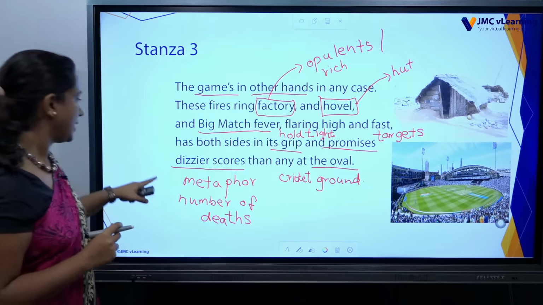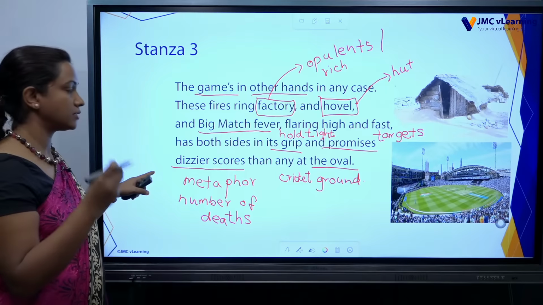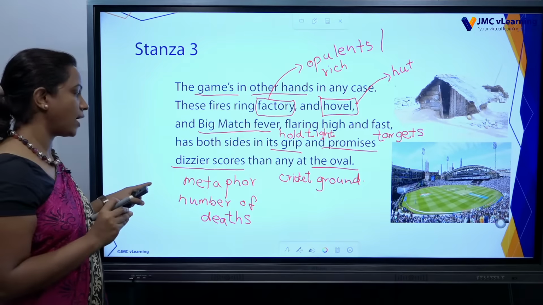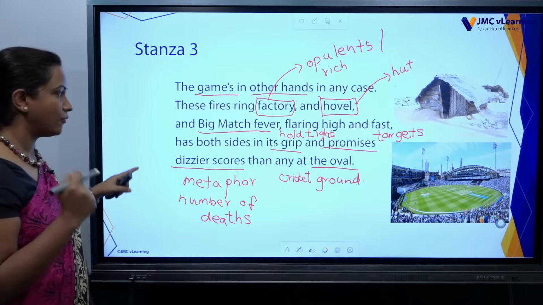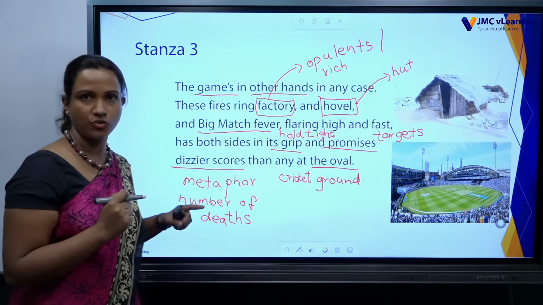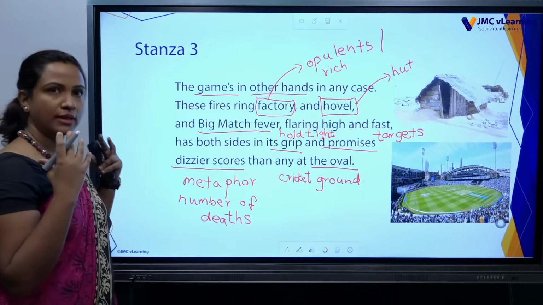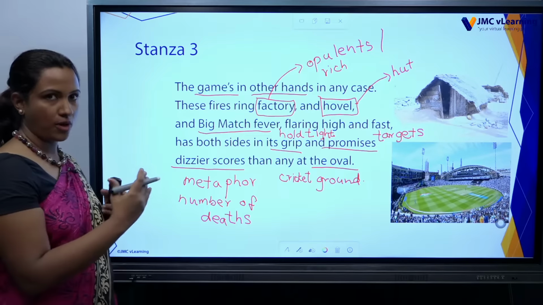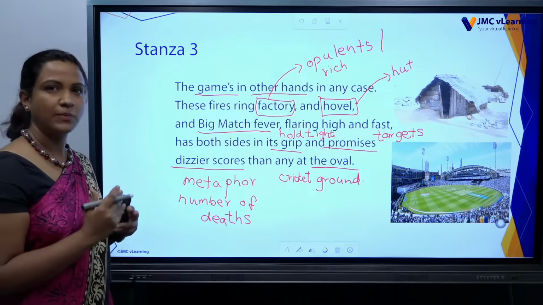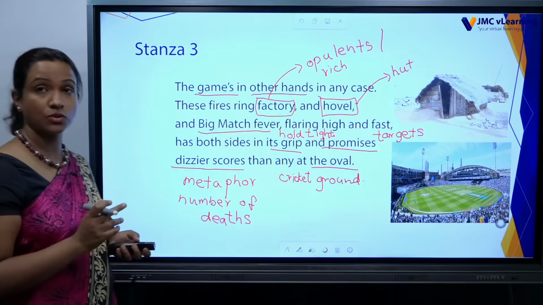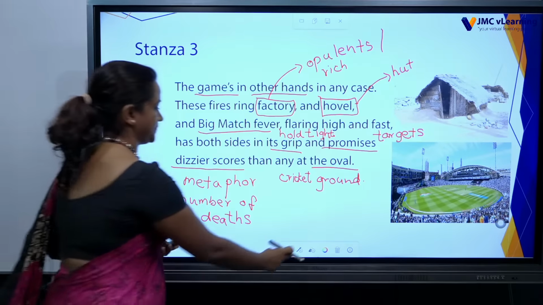At the oval you want to get more marks, and in the ethnic violence you want to have a number of deaths. You have to increase the number of deaths. When you have a big match fever, or a fever to kill people, that's what the poetess is trying to say, that it has similar meanings. Let's go to the next slide.